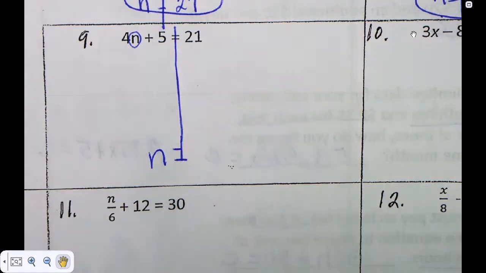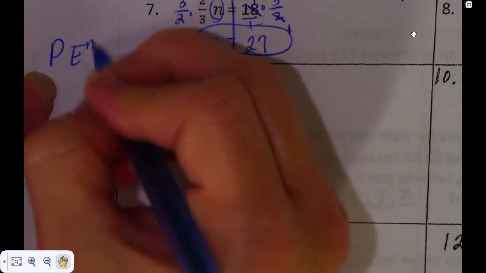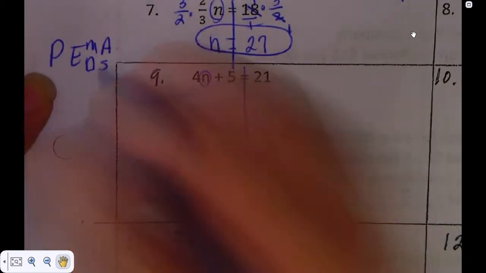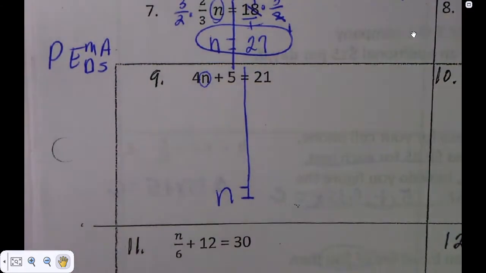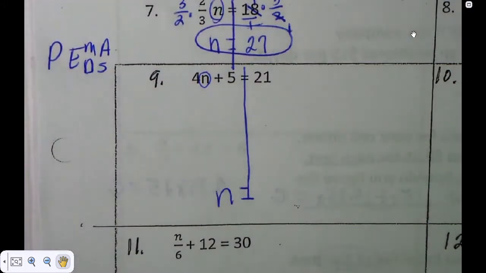Hey, over here to the side in the margin, go write PEMDAS real quick for me. PEMDAS. If this was a normal problem and we knew n, we would be doing order of operations. We've got to go backwards.